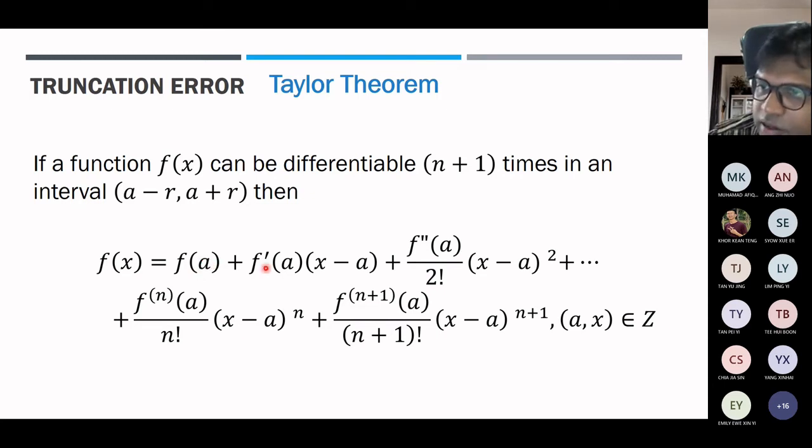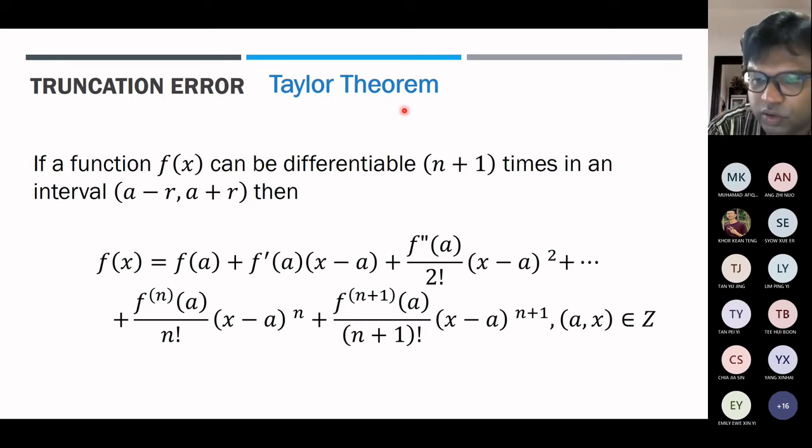Then you differentiate the function, substitute a, and multiply by (x minus a). This gives a linear function, which is closer to the function. I can show you an illustration for better understanding.